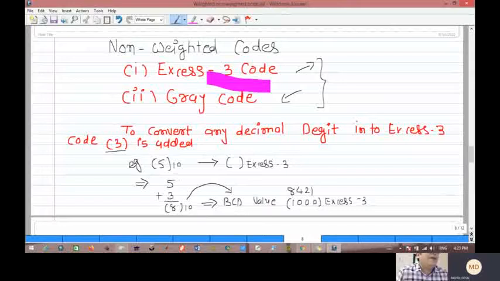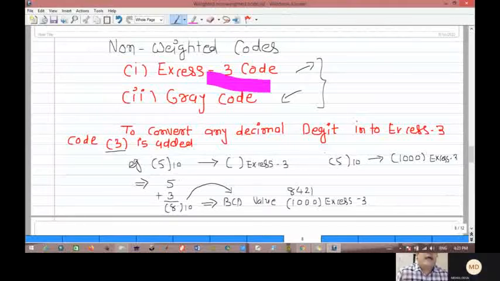The BCD value of 8 according to the 8421 weights is 1000. So 5 decimal is converted into excess-3 as 1000. This is excess-3 code conversion from decimal to excess-3.